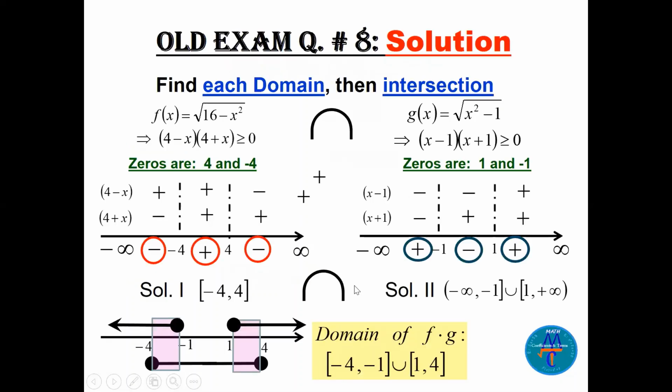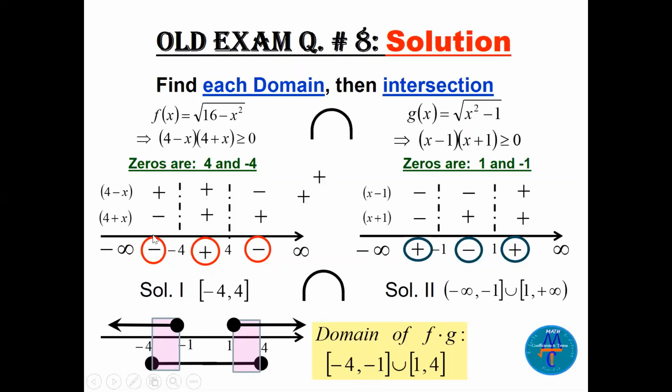As we have mentioned before, we have to find each domain, then find the intersection. So we take function f, square root of 16 minus x squared. Take the radicand, 4 minus x, 4 plus x is greater than or equal to 0. Make a table of signs, 4 minus x, 4 plus x.